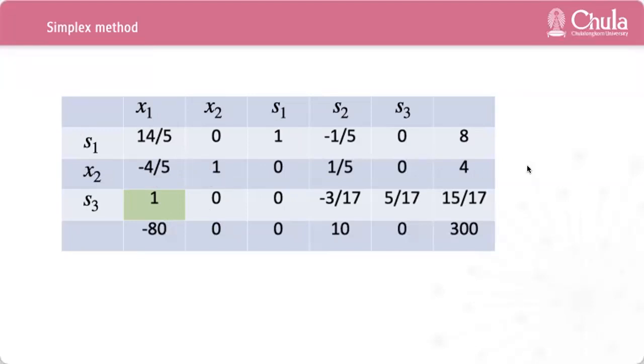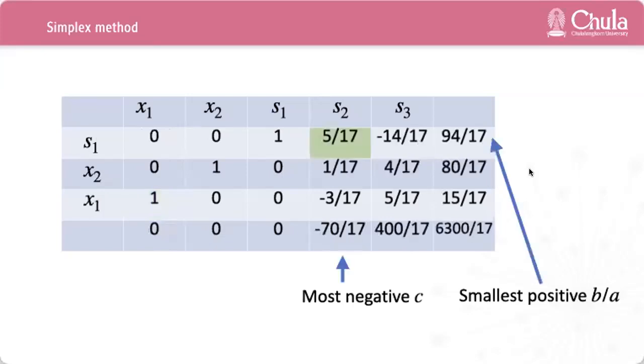So with the Gaussian elimination, this element becomes 0, this element becomes 0, this 1, and this element, of course, we have to make it 0 too, by multiplying this line by 80 and then summing with this line. So we obtain this table. Now our basic variables are x1, x2, and s1.